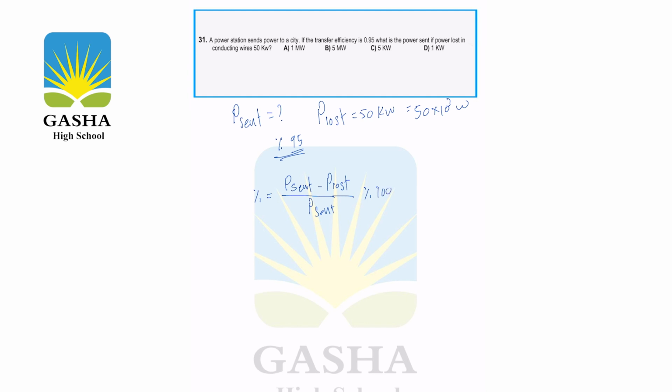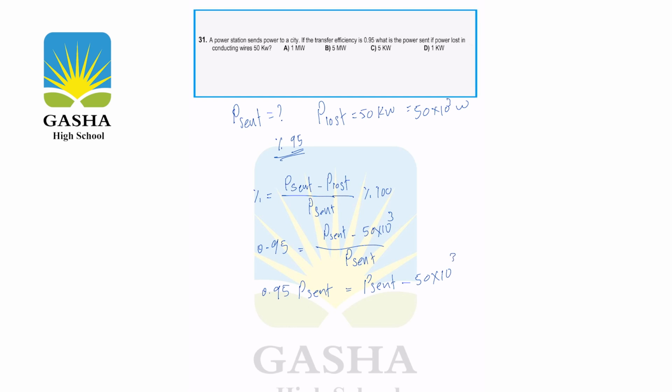So transfer efficiency is 0.95 and power sent is unknown minus power lost is 50 times 10 to power 3, divided by power sent. By using cross product, we know that the power sent times 0.95 is equal to power sent minus 50 times 10 to power 3.